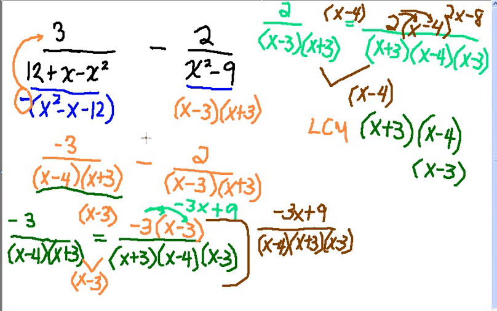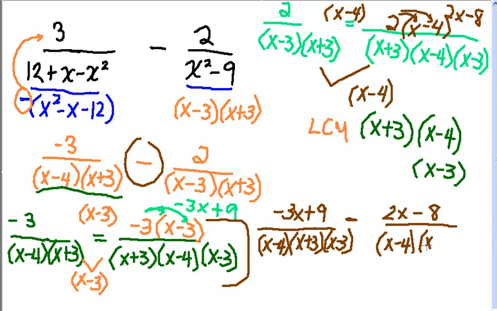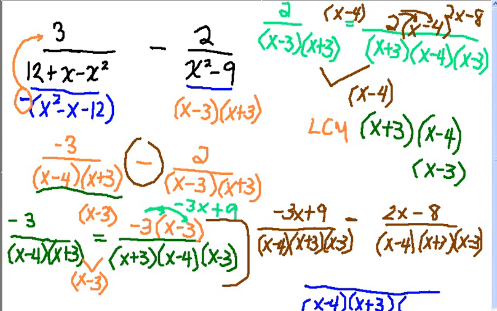And remember, you're subtracting 2x minus 8 over the same denominator, x minus 4, x plus 3, x minus 3. Now, whenever I add and subtract, I'm going to keep my denominator. So that's going to stay exactly the same: x minus 4, x plus 3, x minus 3. And I'm going to perform the operation in my numerator.